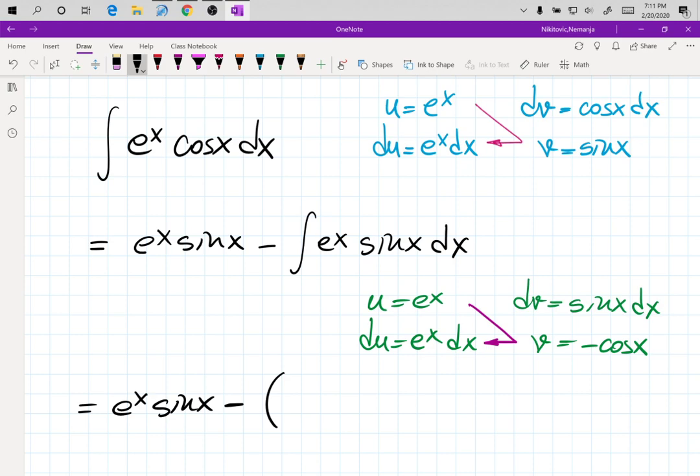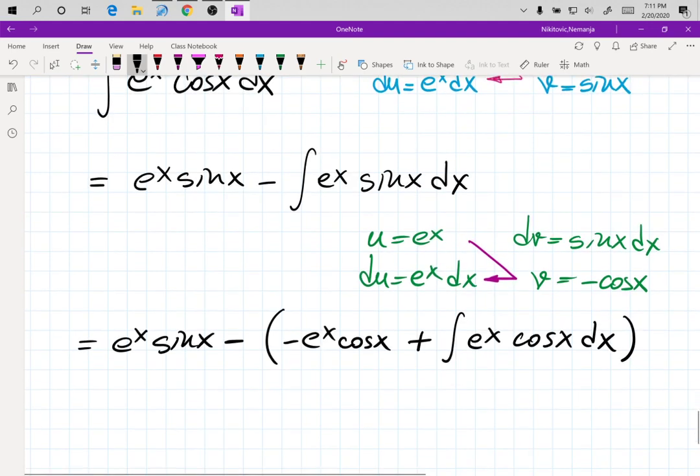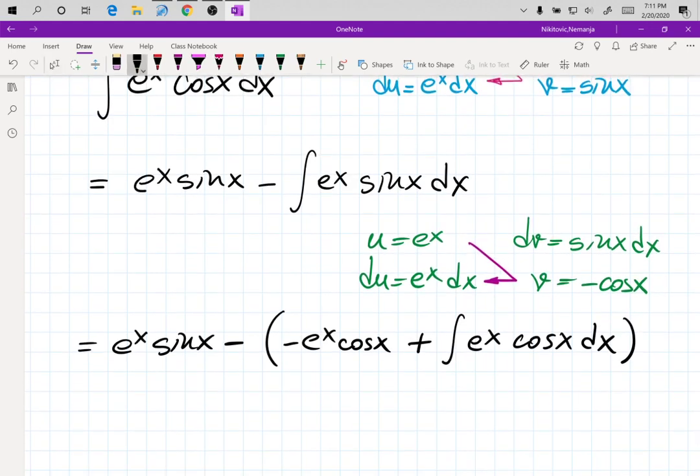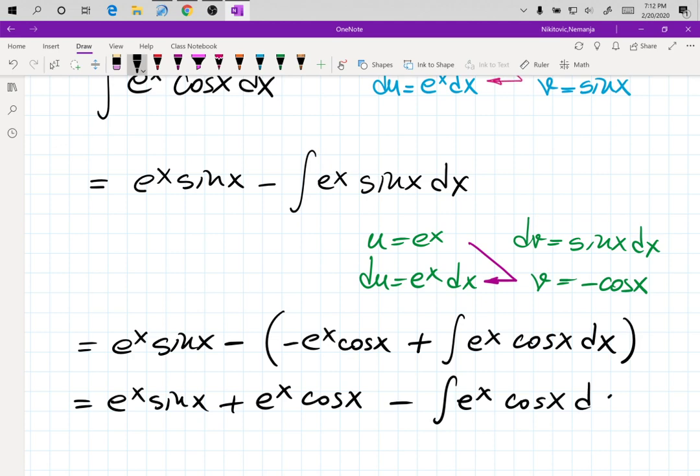and now I have negative e to the x cosine x plus integral of e to the x cosine x dx. Work out the algebra here real quick. E to the x sine x plus e to the x cosine x minus integral e to the x cosine x dx.